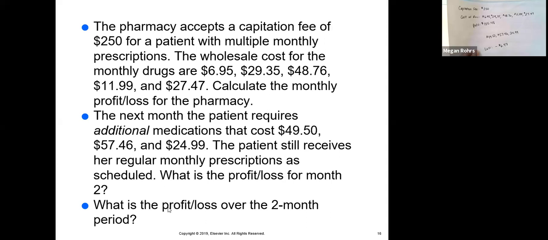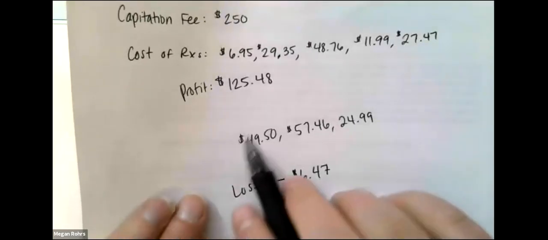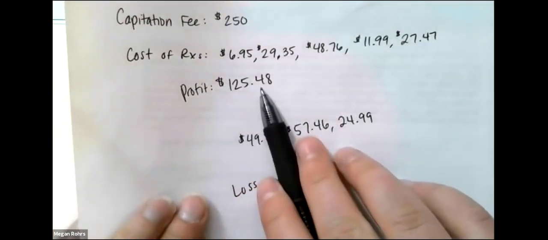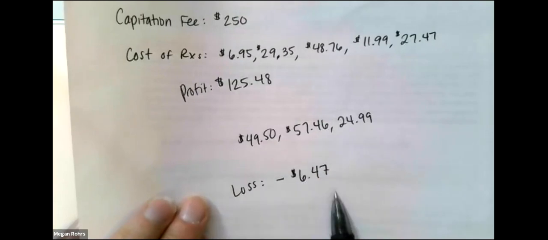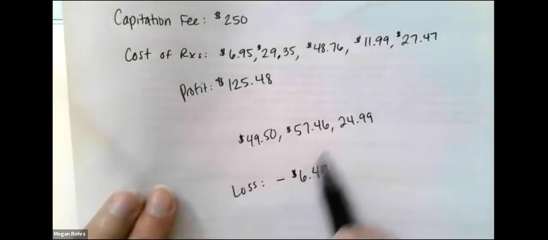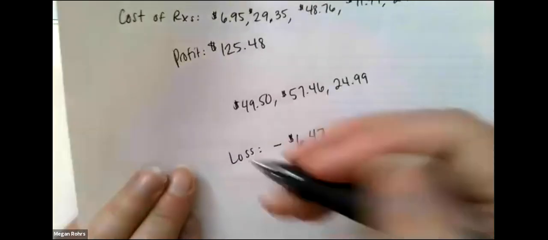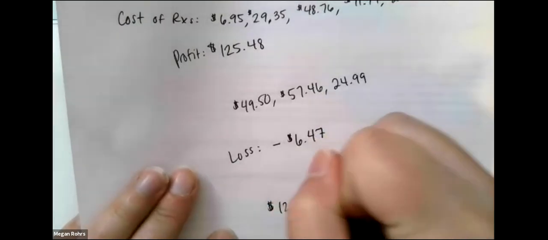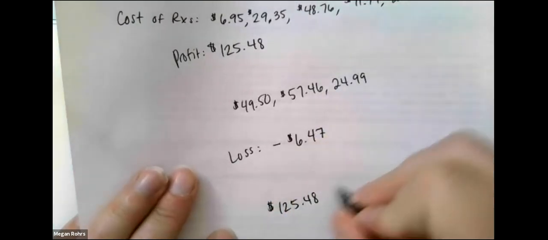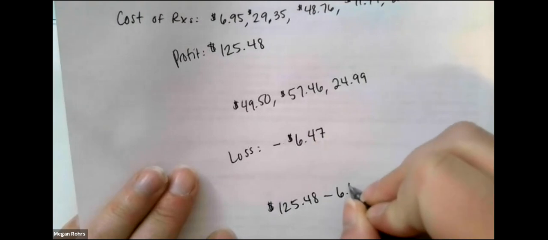Now it says, what is the profit or loss over the 2-month period? Well, we said the first month we made $125.48. The second month we lost $6.47. So the overall profit or loss would be the difference between these two numbers. $125.48, that's how much we made, and then we lost $6.47.